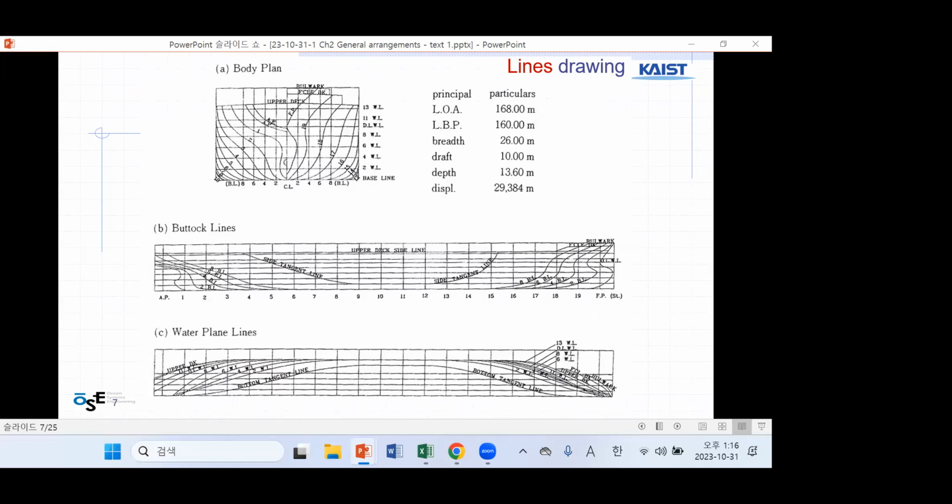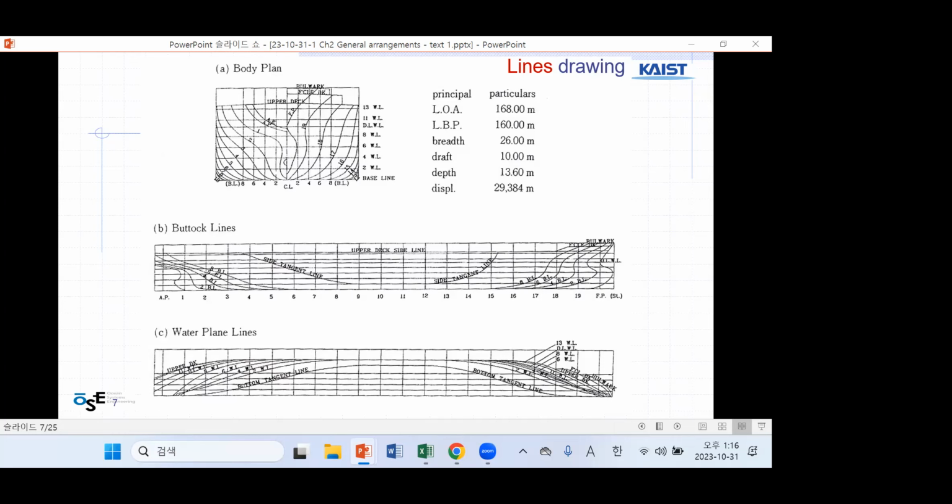You see the AP and there is an FP. AP is the aft perpendicular, FP is the forward perpendicular. This is the coordinate origin. And between them you need to have 20 equal divisions, so each one is a section number.